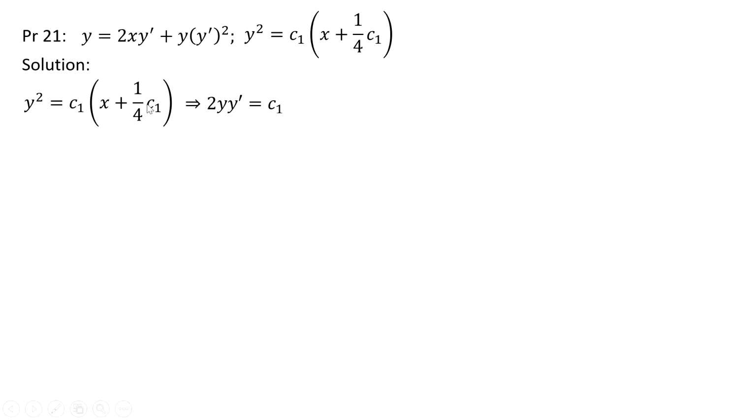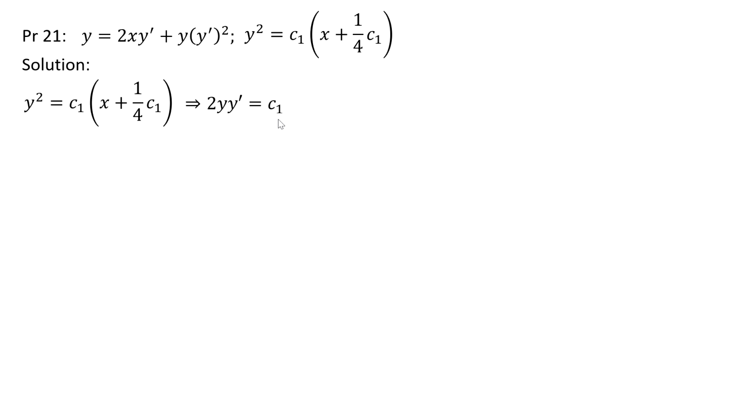So c1 times the constant multiple can be yanked out times the derivative of the stuff inside the parenthesis, which is the derivative of the first term x is 1 and the derivative of the constant is 0. So c1 times 1 plus 0, or c1 times 1, or c1. That's what I have. As simple as that. Okay, allow it to sink in. Please pay attention.